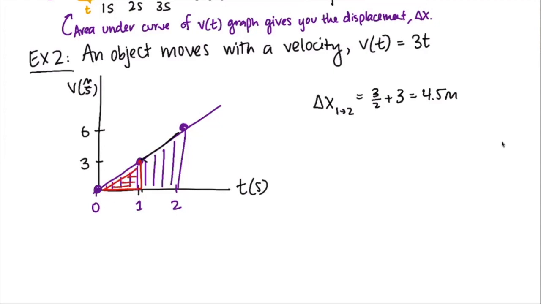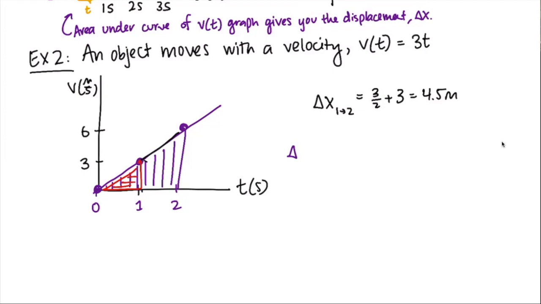Then the displacement here would also be hopefully 4.5, but let's double check that that works using, again, the purple bigger triangle from 0 to 2 seconds minus that smaller triangle. And so this is really what Newton and Leibniz were thinking about at the time, like, how can we do this graphically using this accumulation, this area under the curve?